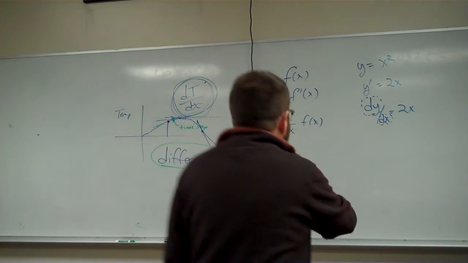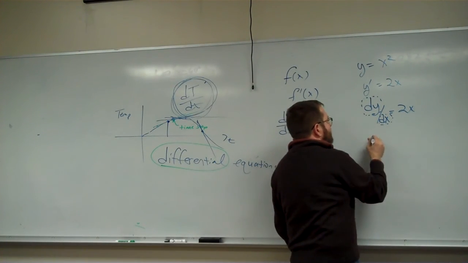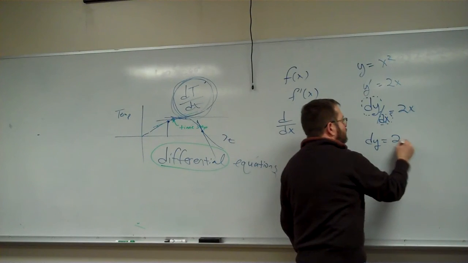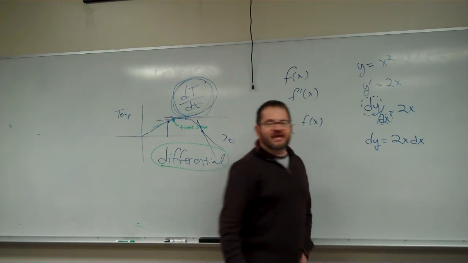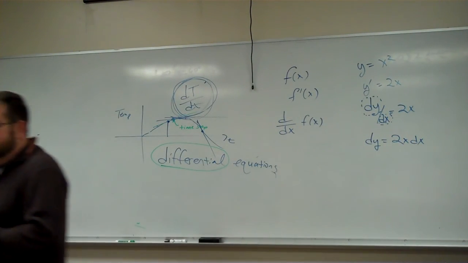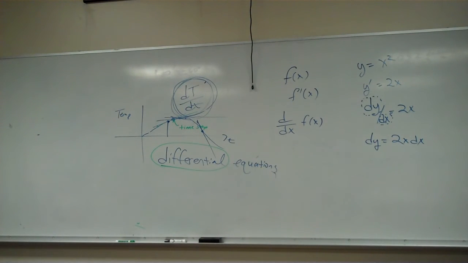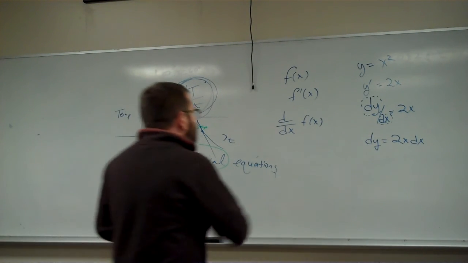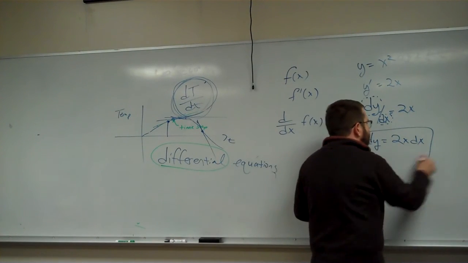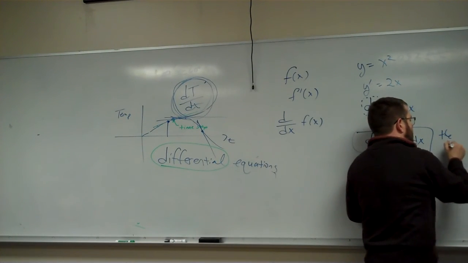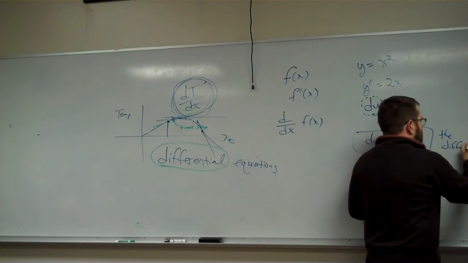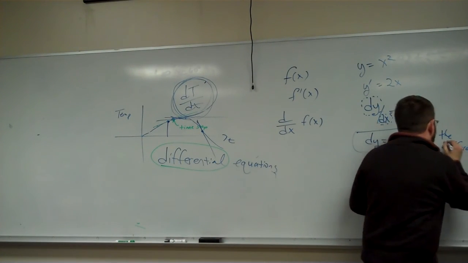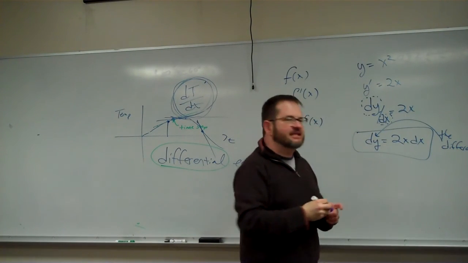But you can treat it with algebra, you can multiply the dx over to this side and get dy equals 2x dx. That's okay. You can move it over there like that. Just don't break the d and the x apart. It's a thing. They mean, this is the differential, or dy is the differential.